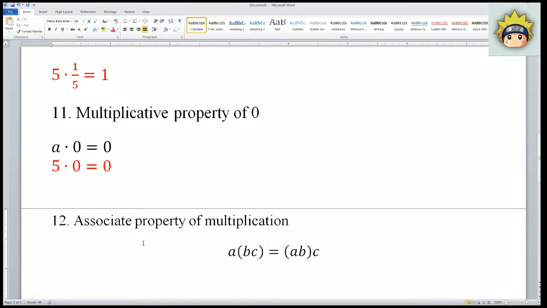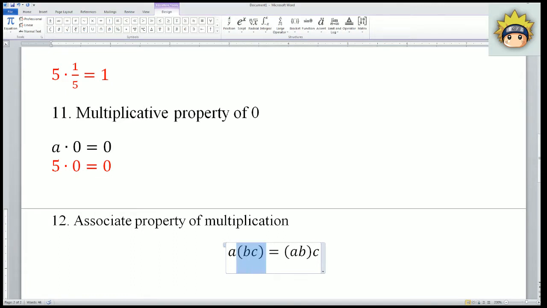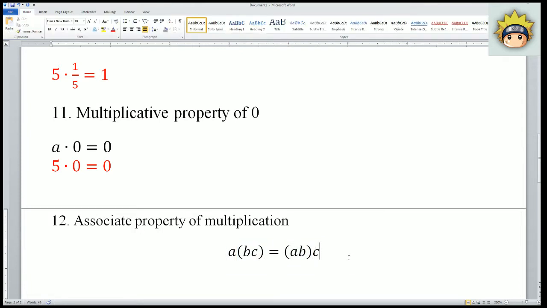The way you want to think about it is right now B and C are associating in this parentheses. But when you associate, it moves. So now A and B are talking to each other. Now they associate.